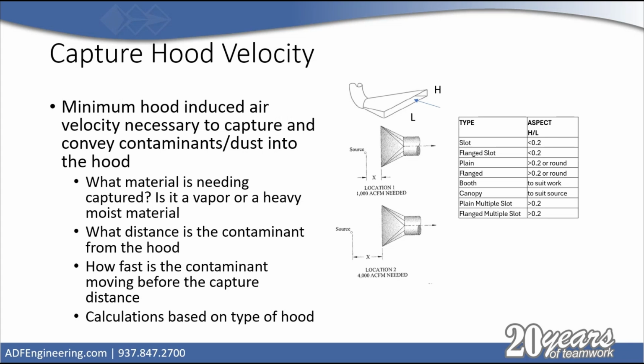So we look at our location of X, and then you look down to another location of X. And depending on the hood that you're using, that can be anywhere from a direct multiplier on the distance to a squared multiplier on the distance. So as you can see, depending on the hood that you're using and your dust source, you can get very high airflow requirements pretty quickly.